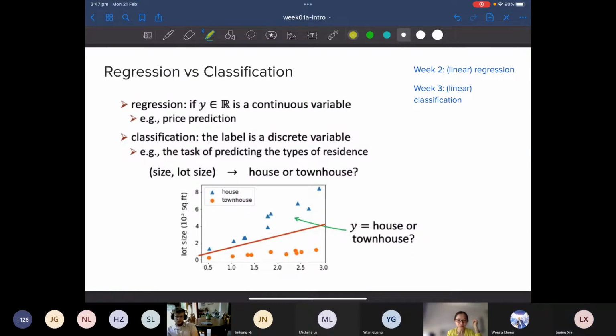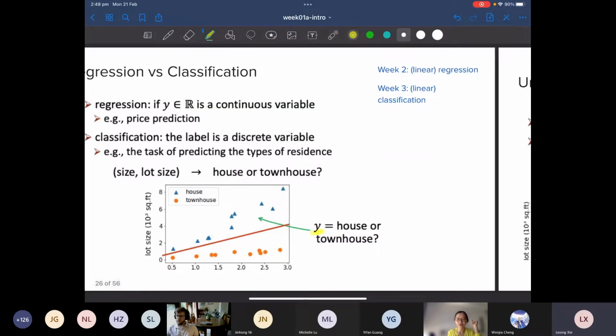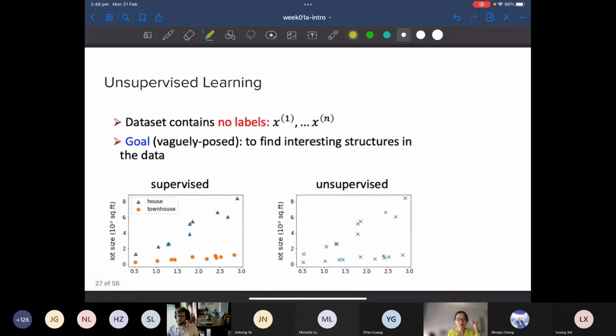So in here, the supervision signal or task Y is then to just do this binary judgment rather than predict the price in real values. So we will talk about classification for quite a bit in different ways: linear classification, neural networks that can be used for both classification and regression, and also kernel methods, and so on, fairly directly.